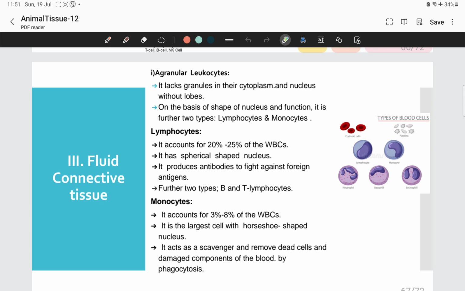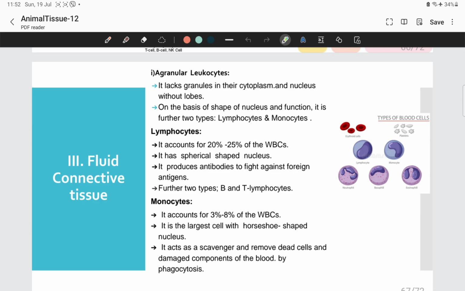So on the basis of the shape of the nucleus and function, the agranular leukocytes are of two types. First is lymphocyte, then monocyte. Lymphocytes account for 20 to 25% of total WBC. And when you look at its shape, the nucleus is spherical or oval in shape.